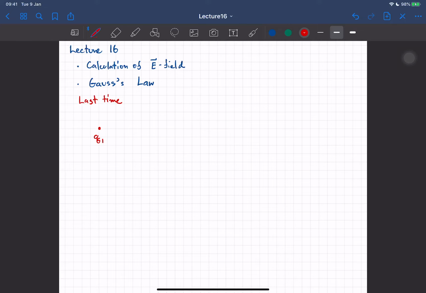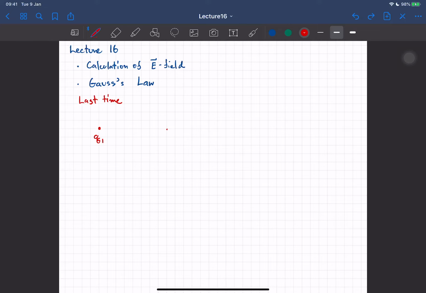Every point in space means this point has electric field, this point also has electric field. It doesn't matter how far away you are, you're going to have electric field. It might be really weak, that's another question. But any point in space will feel the existence of the charge Q1.